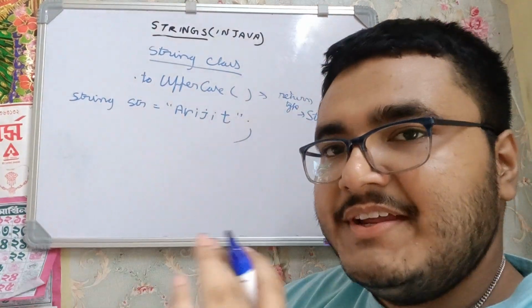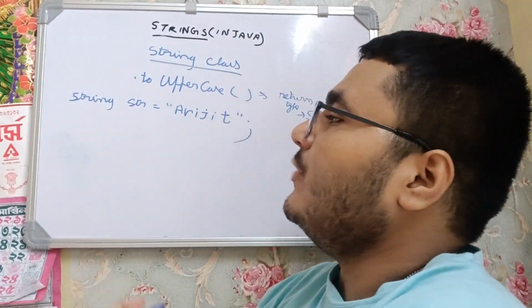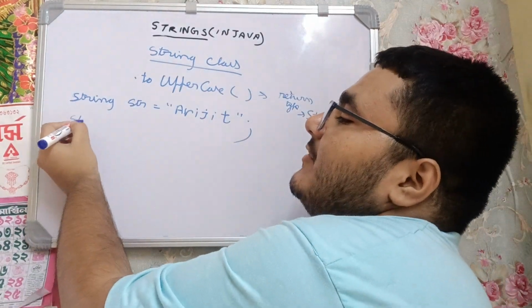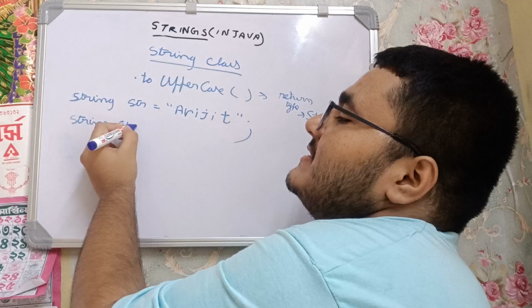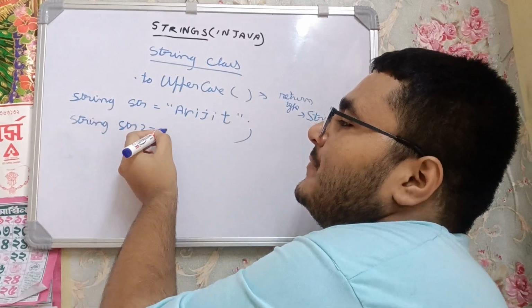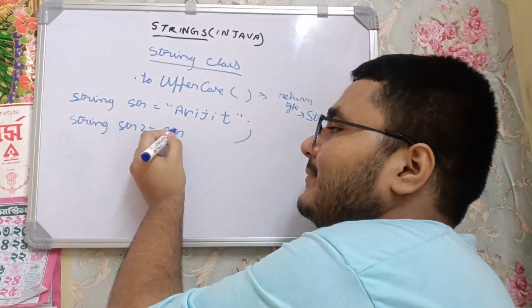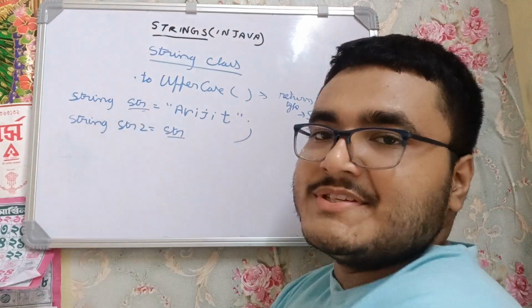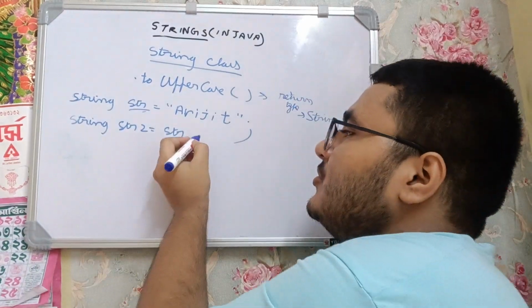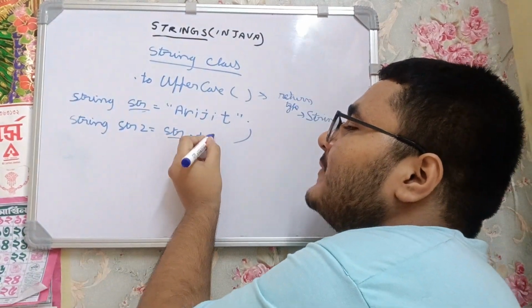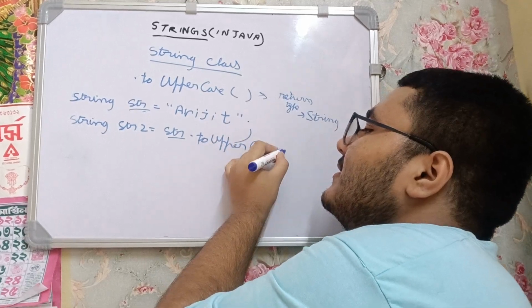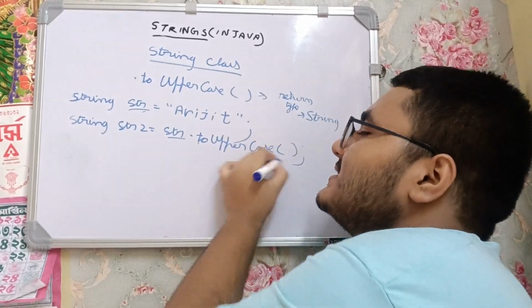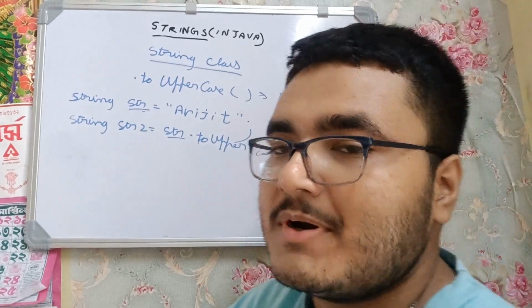It returns a string only. So if I write in another variable, say String str2 is equal to str, this variable name which you want to change, dot toUpperCase. Fine, str dot toUpperCase.